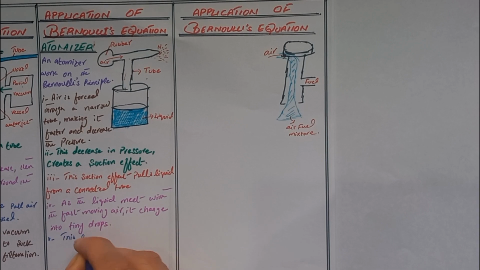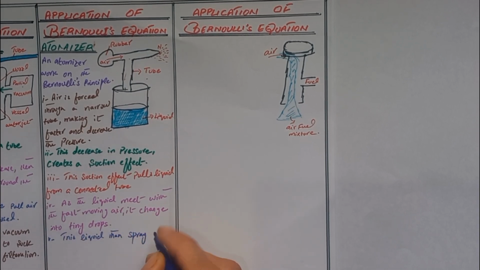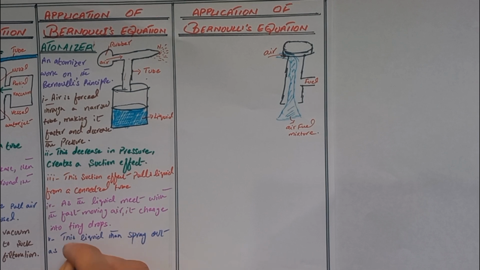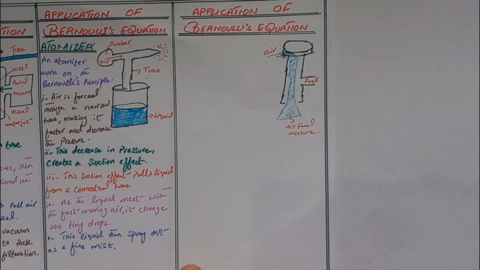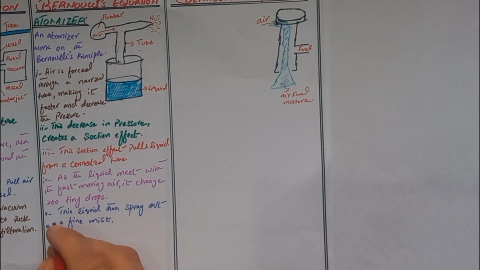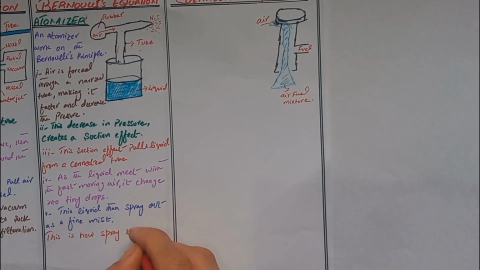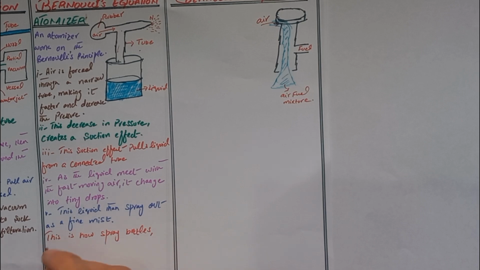This liquid is then sprayed out as a fine mist. This is how spray bottles, perfume sprays, etc. work.